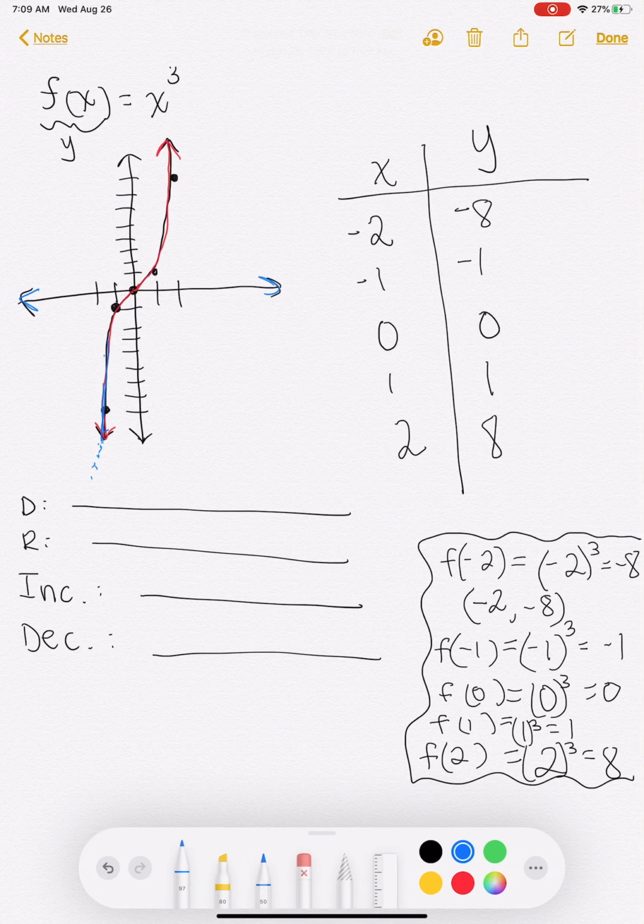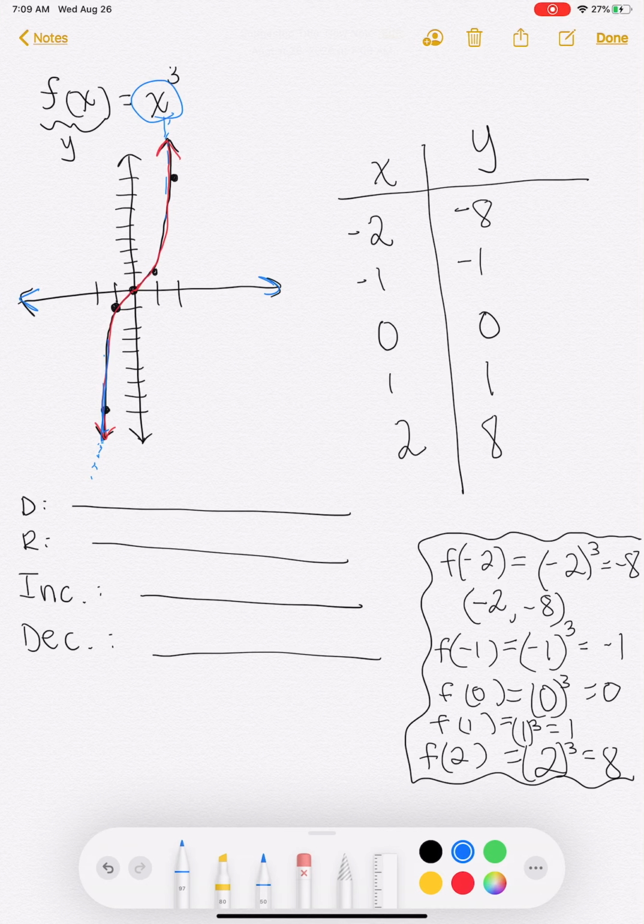Now, if we're moving to the right, same thing. The arrow is going to keep going to the right. It's very steep and hard to tell, but it is still moving to the right. Also, look at the function. Are we restricted for what numbers we can plug into x? No, we can cube any number we want.